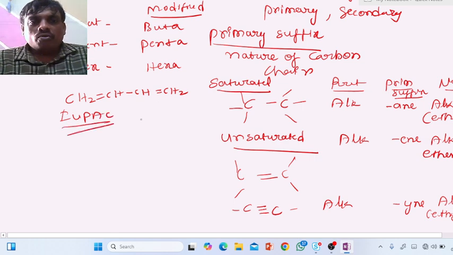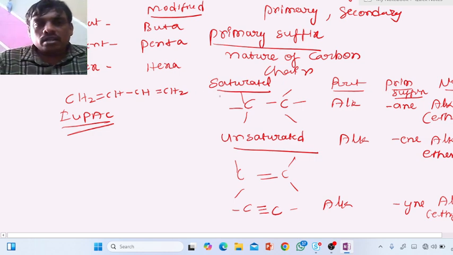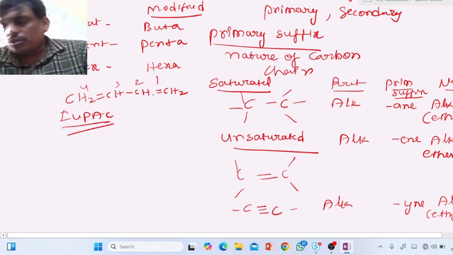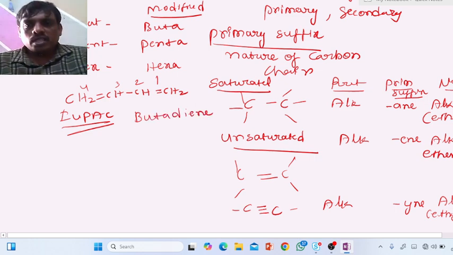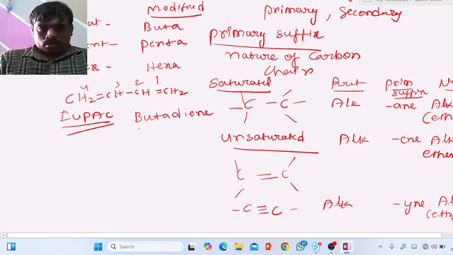Okay, 4 carbons are there, so definitely it is butane. Numbering from here onwards we have to give 1, 2, 3, 4. So the name of this compound is butadiene. Diene in the sense it is an unsaturated carbon compound, double bonds are there.